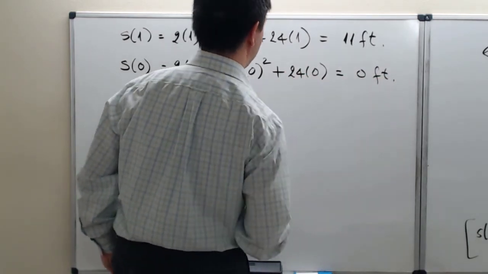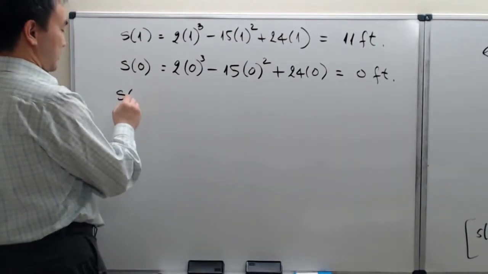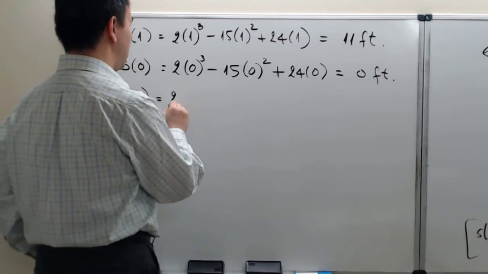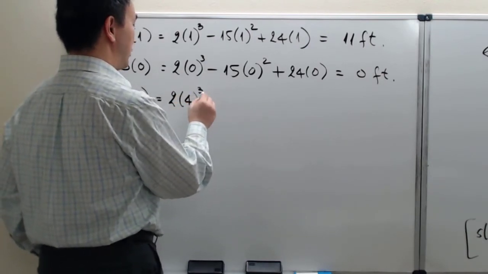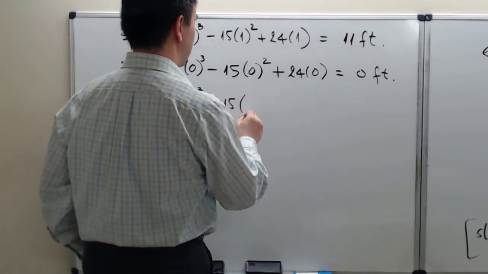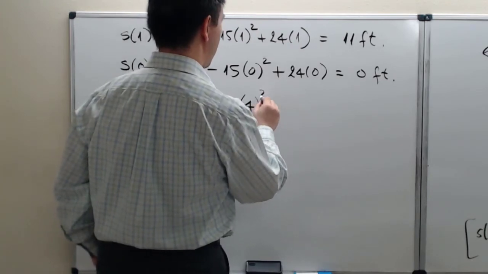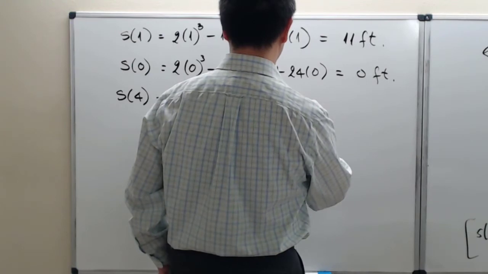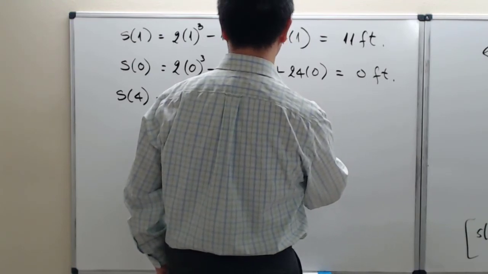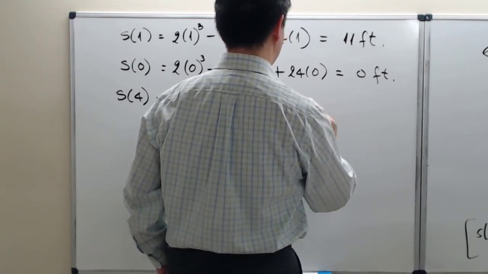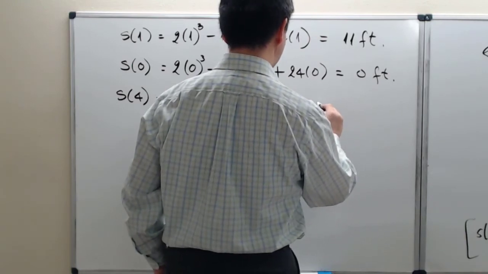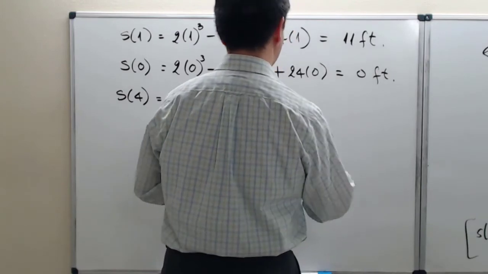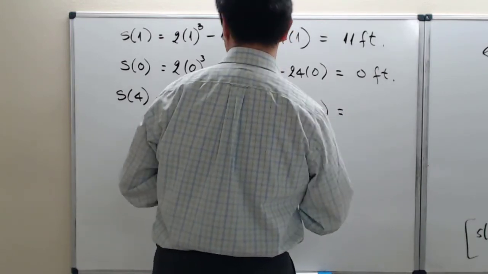So we're right at home, and then when it's 4 seconds, we're looking at 2 times 4 cubed minus 15 times 4 squared plus 24 times 4.